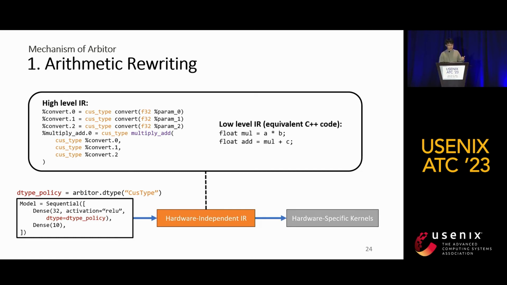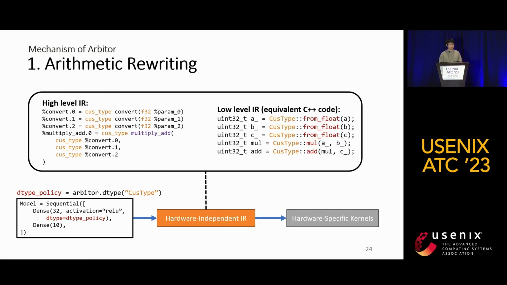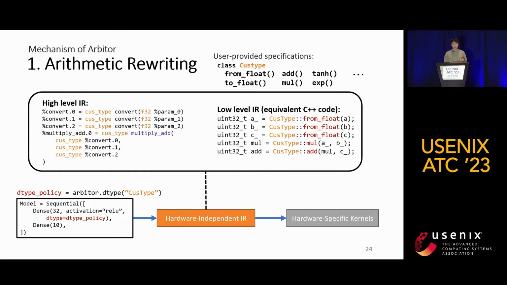It then lowers these operations to primitive operations of custom type, such as from float, multiplication, and addition. The implementations of these primitive operations were provided by the user as part of the specification of the D-type policy, as mentioned earlier. By doing so, Arbiter incorporates the user-provided primitive operation implementations into the main computation and compiles it into hardware-specific kernels.